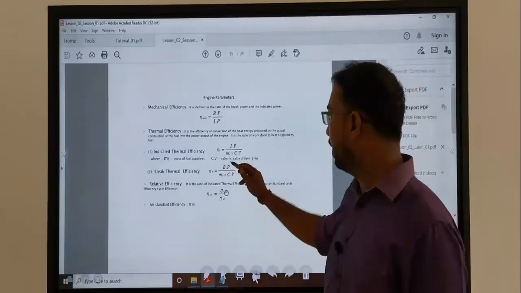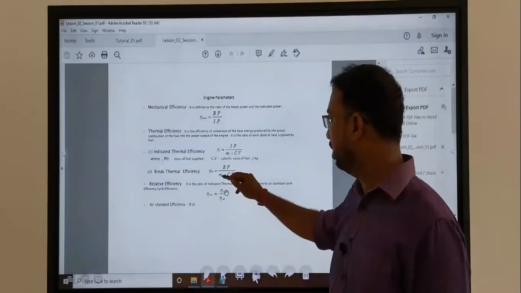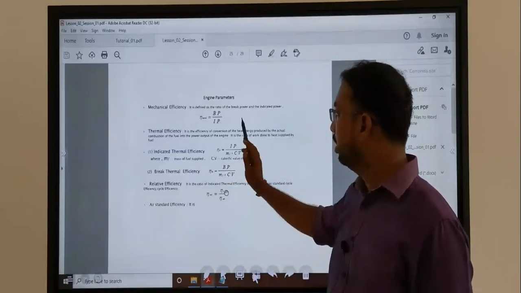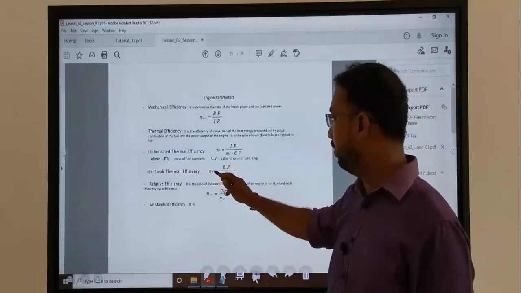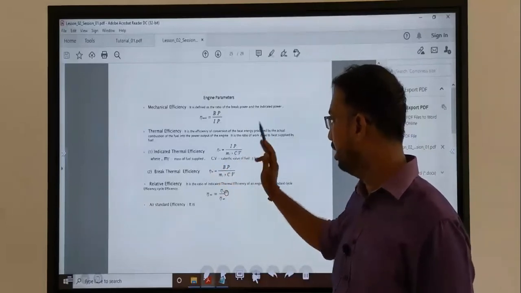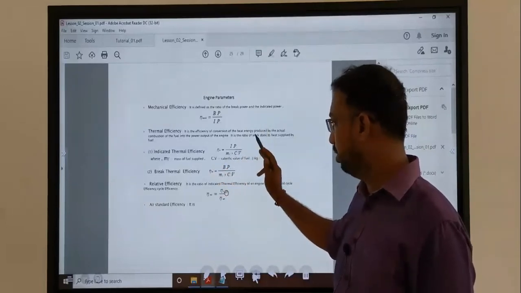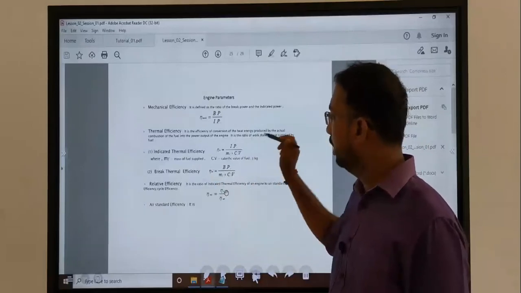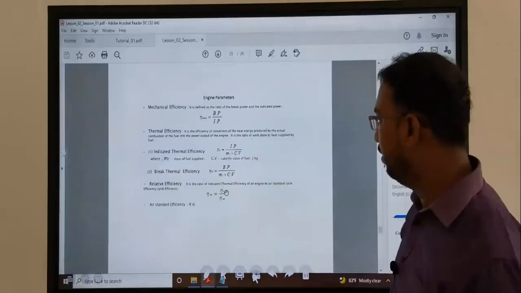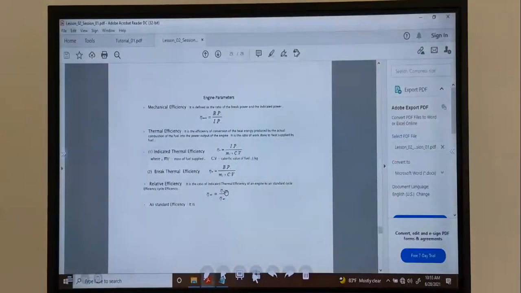So on the brake power, all the other things we know. The efficiency is given in the question, the brake power we already know, and the calorific fuel value we also know. So the mass of fuel consumed we can calculate.